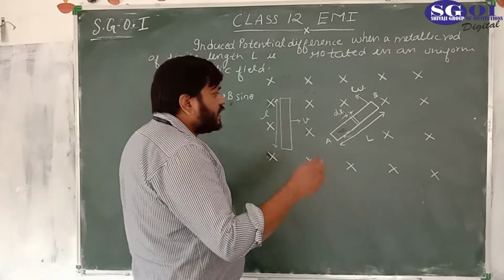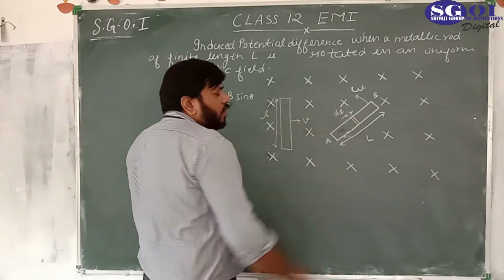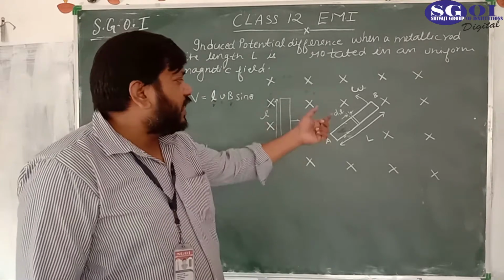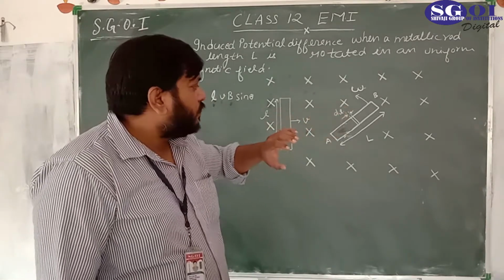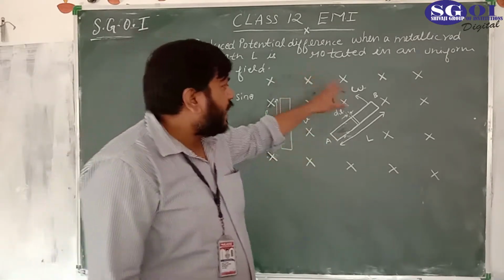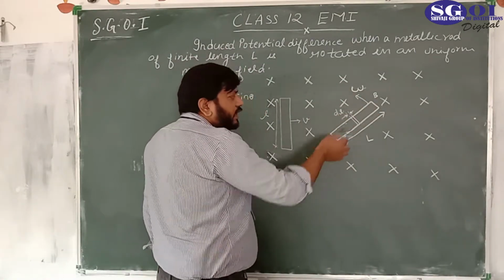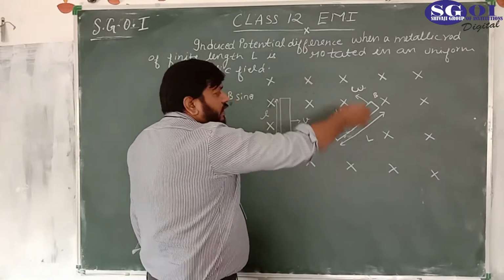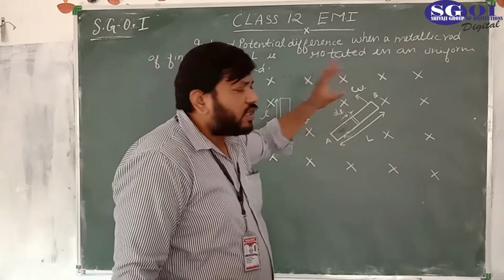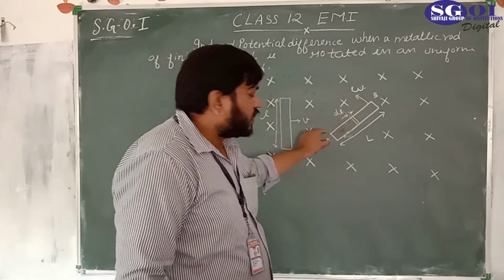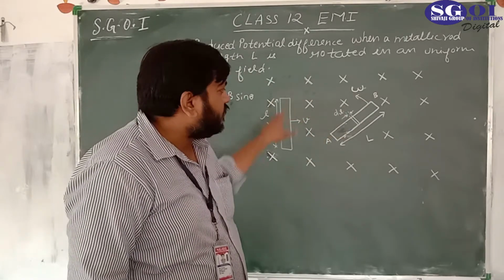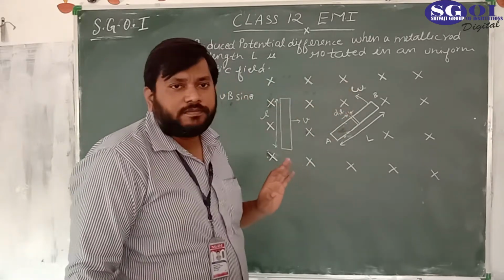We can see here that this small differential length is also rotating with the same angular velocity omega, because it is part of this particular conductor, and if the whole conductor is rotating with angular velocity omega, all of its constituent parts are also rotating with the same angular velocity omega.